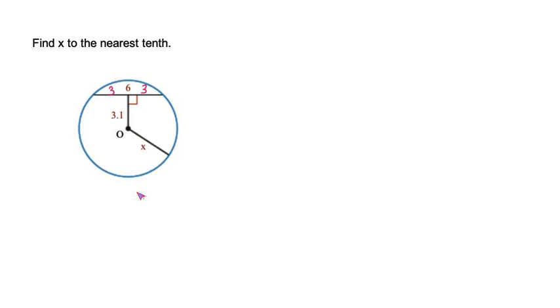This problem really ends up depending on you being able to draw the radius in a place that's helpful for you to work the problem. So if I draw the radius here, well, that's a great place for the radius because now I have a right triangle. And if the radius is x down here, well, the radius is x anywhere because it's going to be the same within that circle.